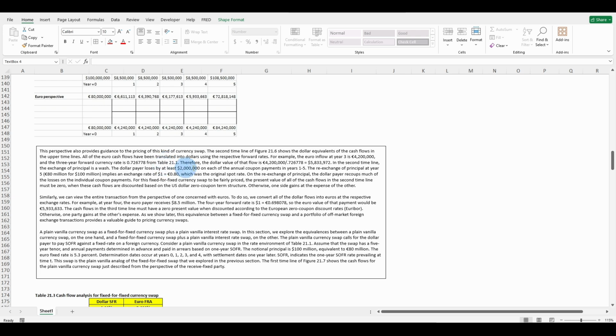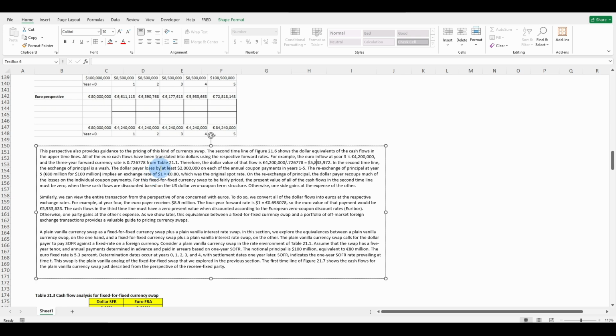For example, the euro inflow at year 3 is 4.24 million, and the 3-year forward currency rate is 0.726778 from table 21.1. Therefore, the dollar value of the flow is 4.24 million euros divided by 0.726778, which equals 5.833 million dollars. In the second timeline, the exchange of principal is a wash.